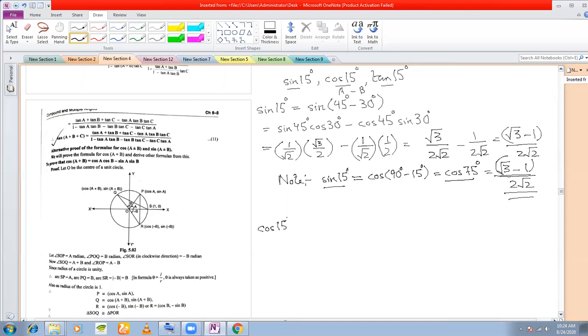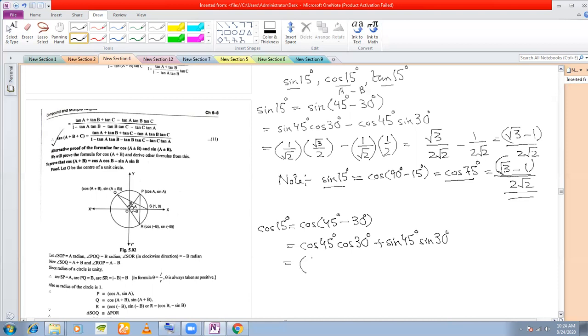Okay. Cos 15. We find cos 15 exactly in the same way: cos of 45 degree minus 30 degree. So cos A cos B plus sin A sin B. Now put the values.